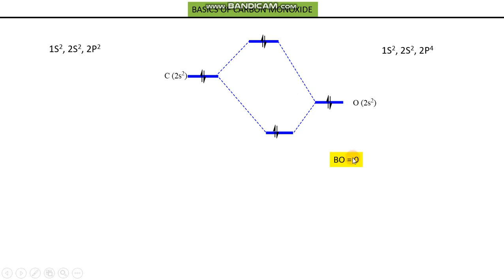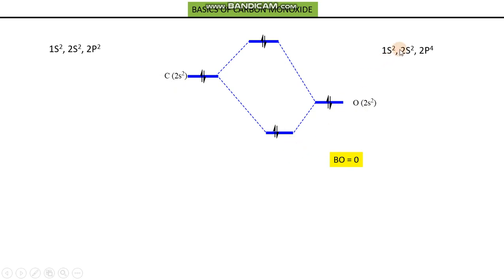If the difference is equal to 1, the bond order will be 1, meaning there will be a single bond between the two species, and so on and so forth. In this case the difference is 0, therefore the bond order is 0. It means these two orbitals do not participate in bonding, or they have nothing to do with attraction or repulsion of the two species, carbon and oxygen, with each other.